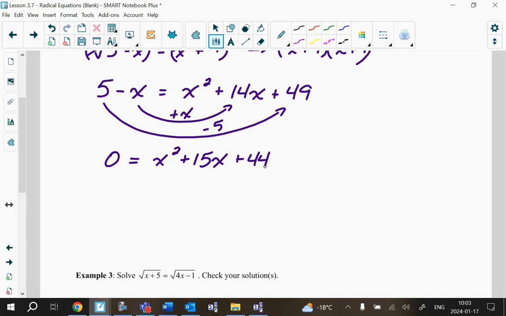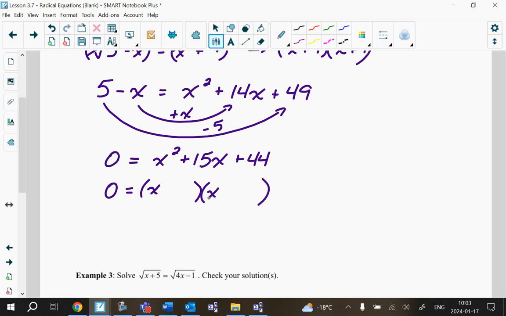Ugly numbers. Give me a pair of numbers that multiply to 44 and add to 15.